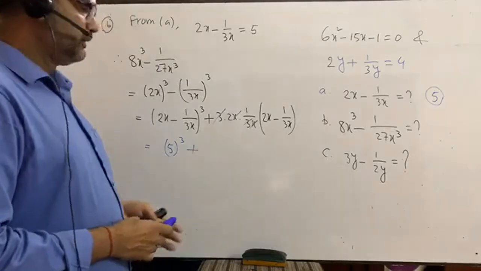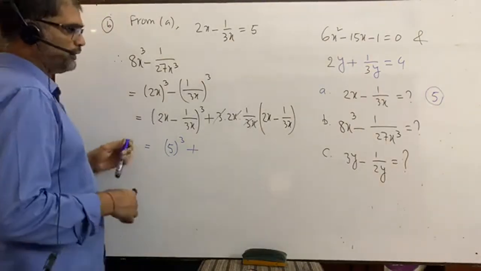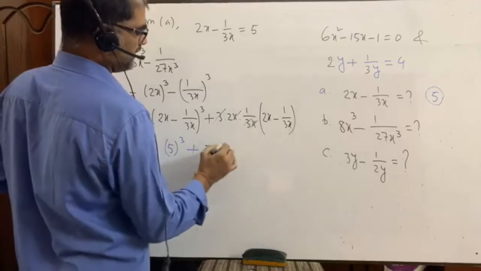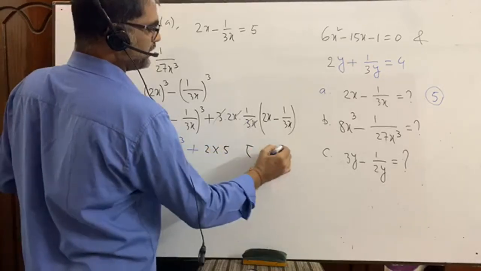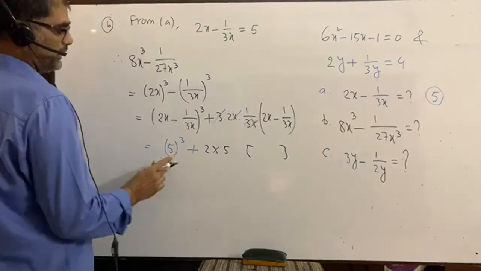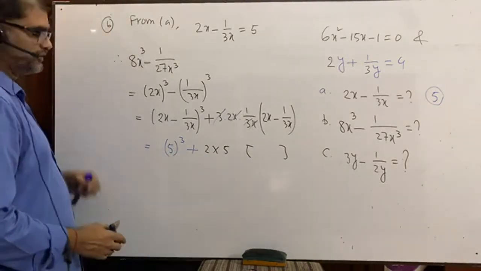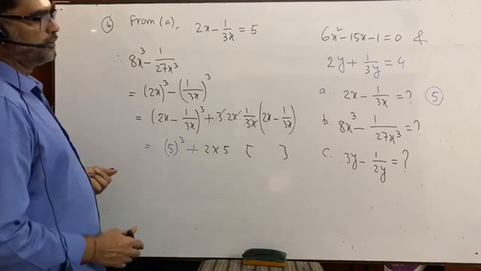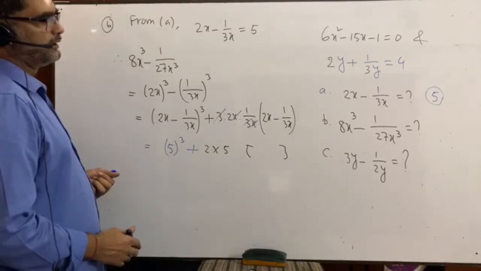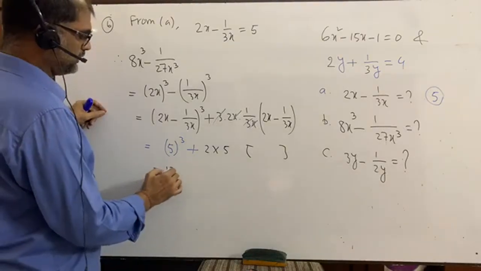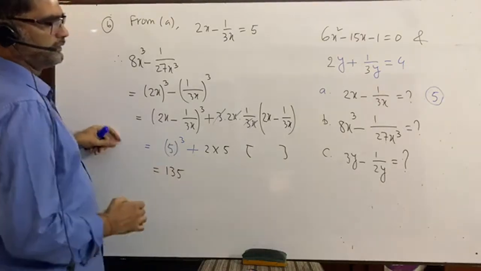So we are left here with 2, and its value is 5. By putting the values, it is 125 and it is 10. So 125 plus 10 equals 135.